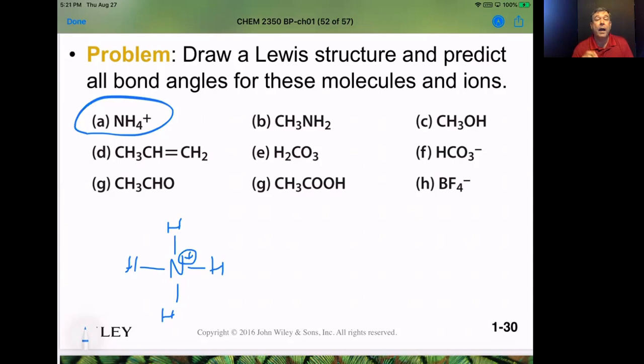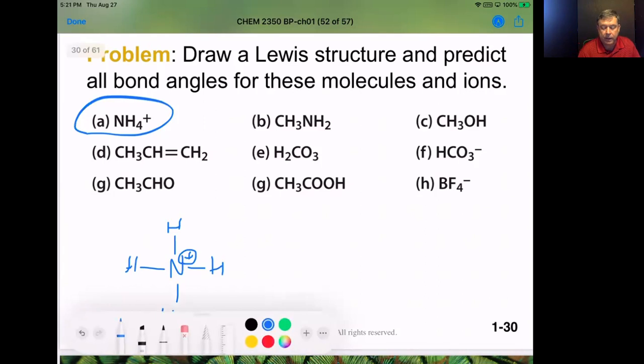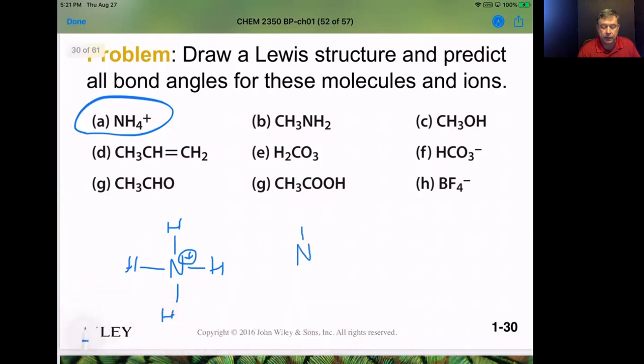Now, how do we draw that on flat paper? When we draw that on flat paper, we're going to take 3 of the atoms and put them in the plane of the paper. We do that by saying nitrogen and hydrogen and hydrogen. So all 3 of these atoms are in the plane of the paper. Now, to make it tetrahedral, one of them has to go behind the paper and one of them has to come out of the paper.